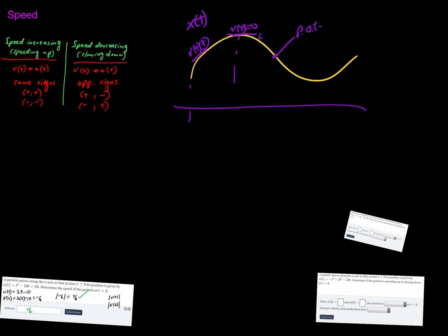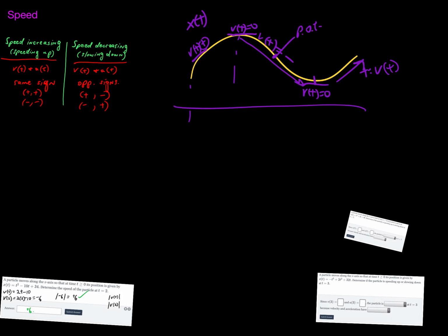Over here, your velocities are negative throughout this entire interval, before you have a velocity value that's 0 again, and 0 is where it changes back to positive. So you have positive velocity values here.